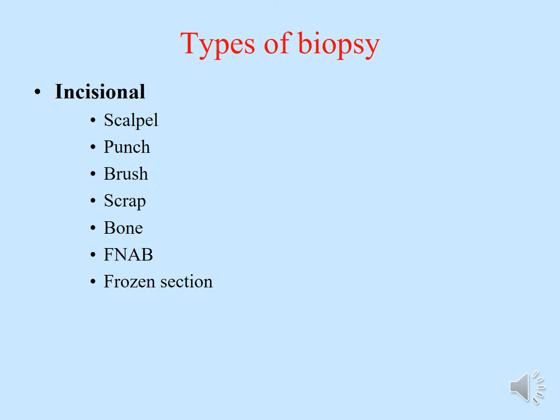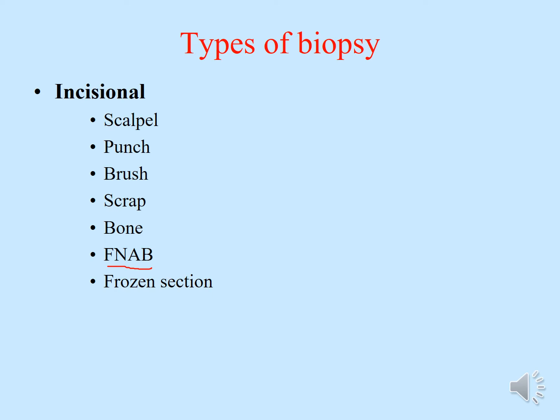When bone is taken, it's called bone biopsy. FNAB stands for fine needle aspiration biopsy, and we will look into it as we go through this lecture. And lastly is frozen section. So these are different examples of incisional biopsies.